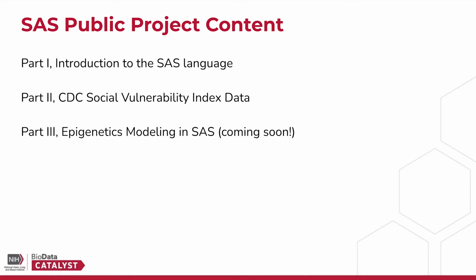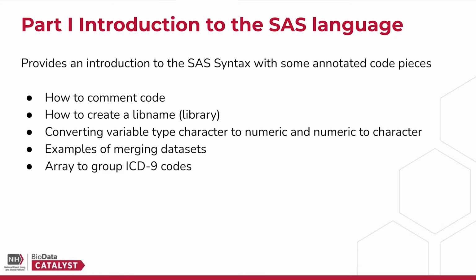So in part 1, which again is that introduction to the SAS syntax, I cover how to comment code, how to create a library, converting character to numeric, examples of merging data sets, and then I have an array set up that groups some ICD-9 codes, which sure, maybe you don't use ICD-9, maybe you use ICD-10, but the whole idea is the code in the SAS project is really highly notated.